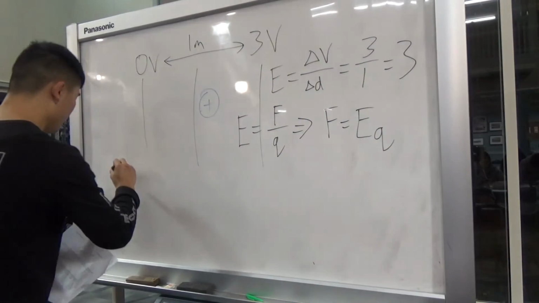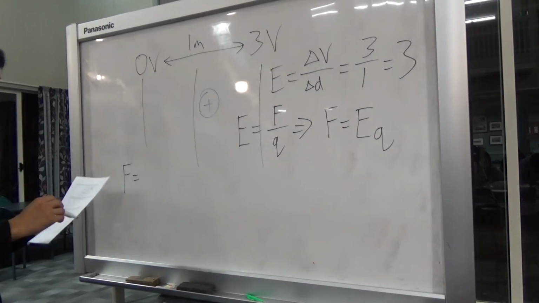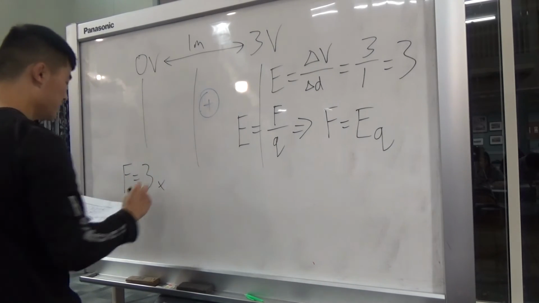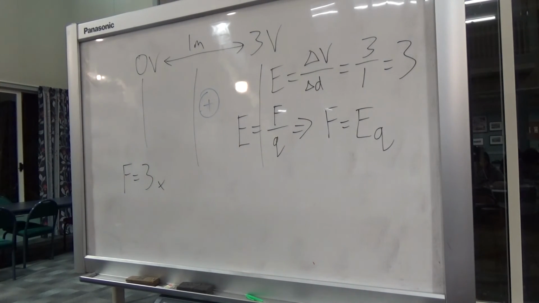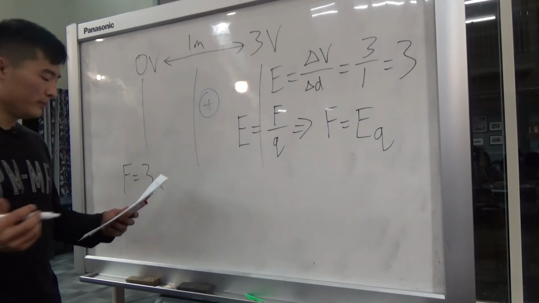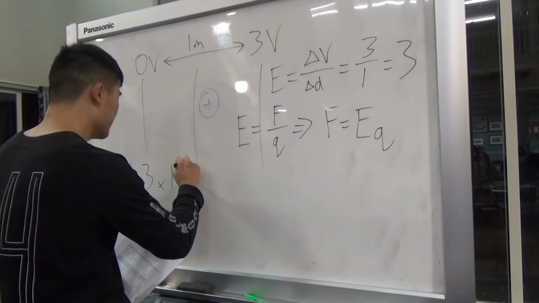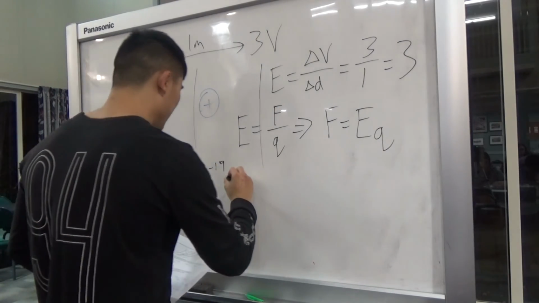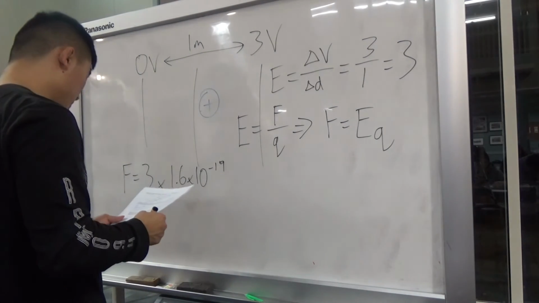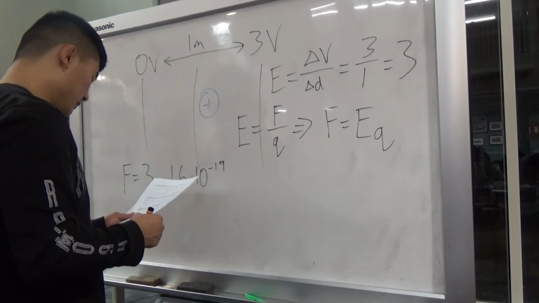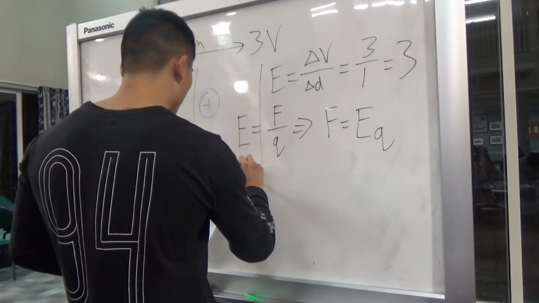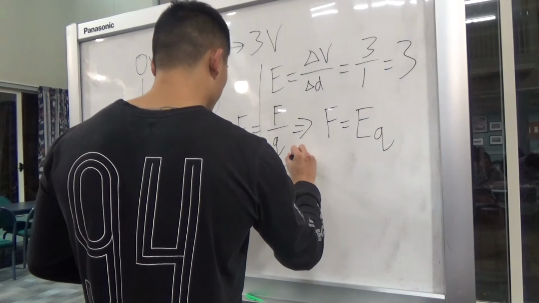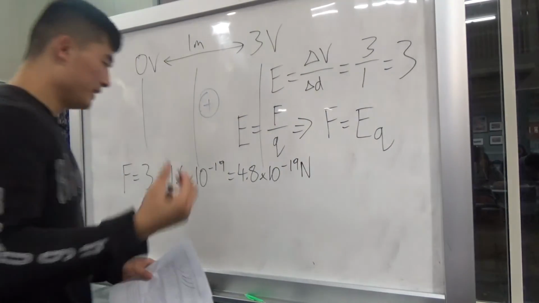Okay, so then force is equal to the electric field strength, which is 3 times the charge. So the charge of a proton, that's on your formula sheet, that's 1.6 times 10 to the negative 19. And so that will be 4.8 times 10 to the negative 19 newtons.